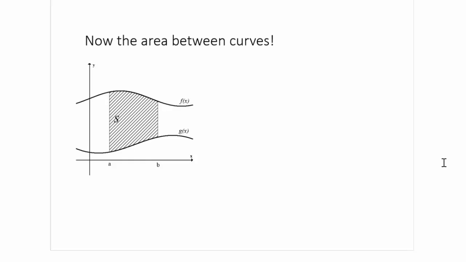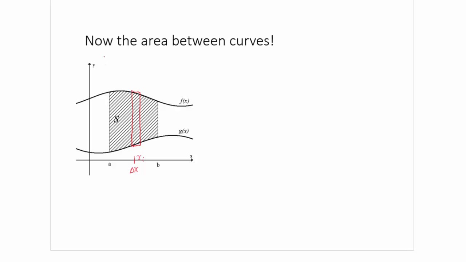Now, if we wanted to find the area between curves, we can use the same basic idea. If I draw a representative rectangle, I can still think of there being a delta x, and I can still think of there being this x sub i. I can still calculate the area of that rectangle.